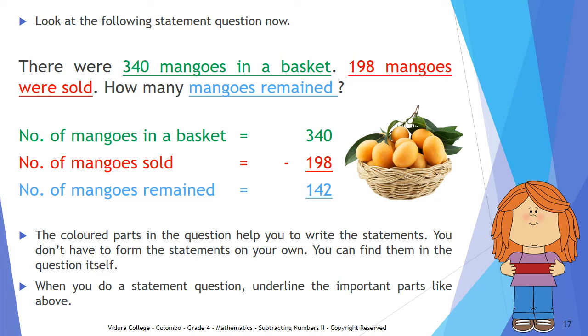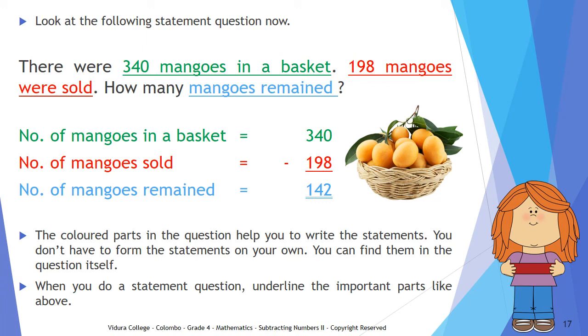Then moving to the second statement, you can find the details for it in red color words. 198 mangoes were sold. Number of mangoes sold equals 198.